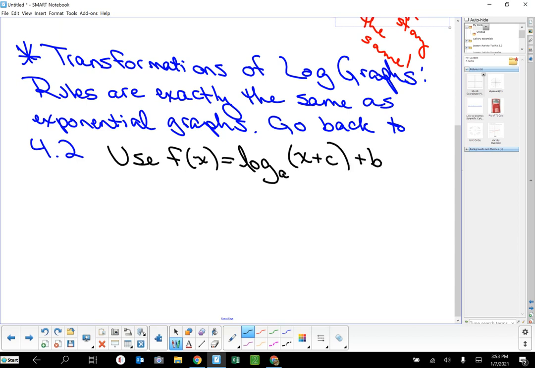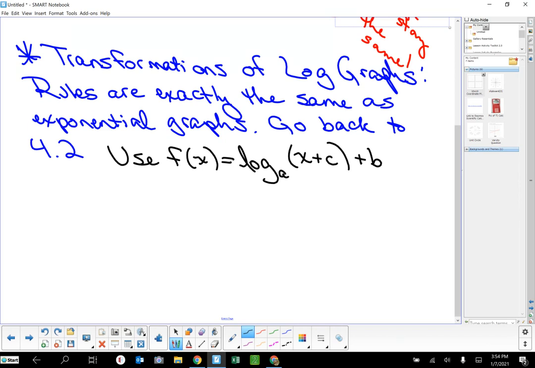And so if you remember, I'll flip my page a little bit and read some of these. If a is negative, the graph is reflected about the x-axis, so that would be the base. The b value out here on the end shifts the graph vertically in the direction of the sign. If it's positive, it goes up. If it's negative, it goes down.